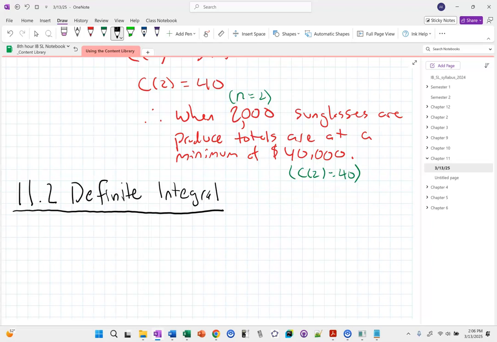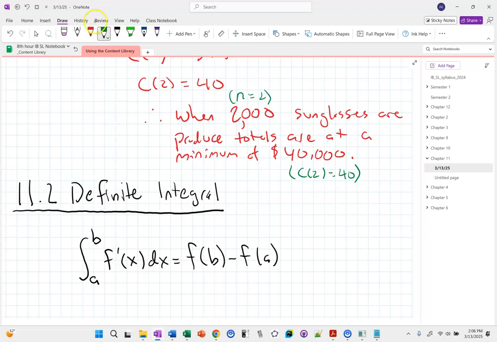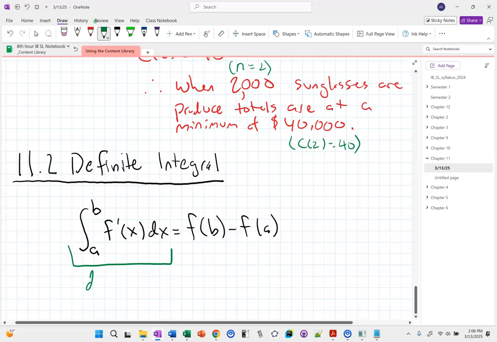So in 11.2, we're going to talk about the definite integral. So here's the idea. Now we're going to introduce this guy, which is a definite integral.